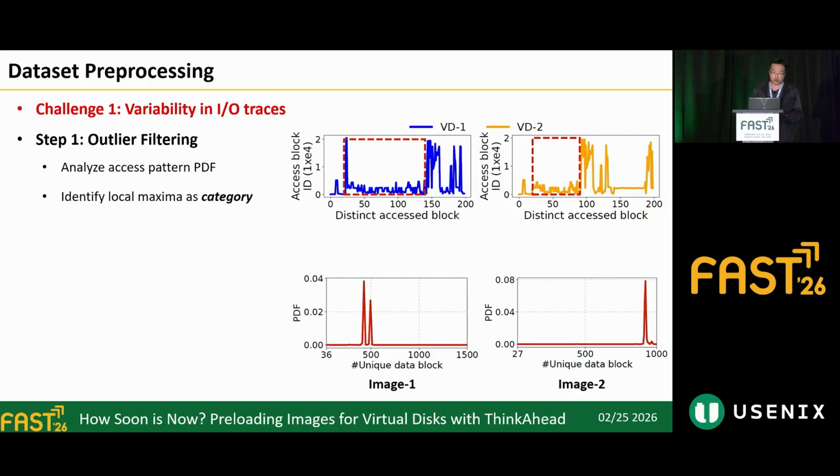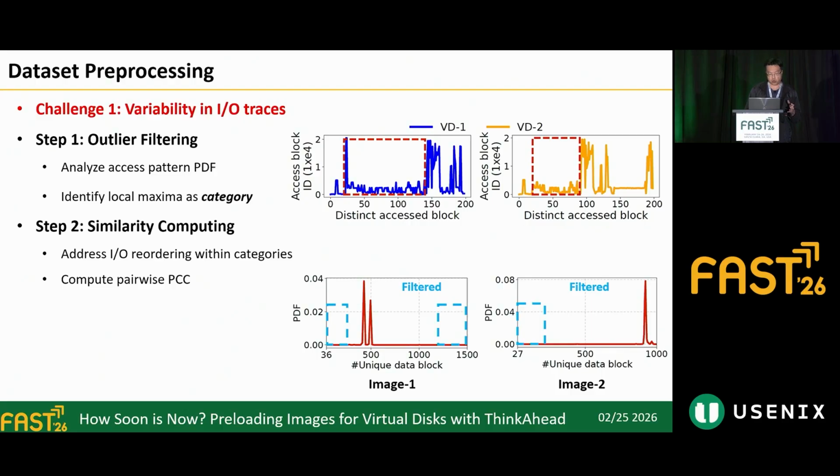This number is really from experience, so we use it here. And then we try to identify different categories for these trace sequences. Within these categories, we also want to address reordering, because the access sequence may be reordered for some reasons. So we want to identify the similarity.